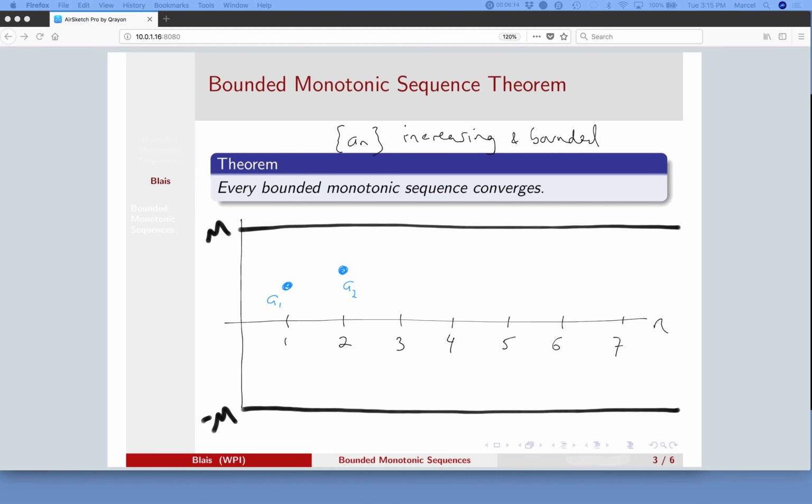Suppose, for instance, one possibility would be that from a2 on, every term in the sequence is just on this red line. In that case, the y value for the red line would be the limit of the sequence because all the terms would be equal to that number.